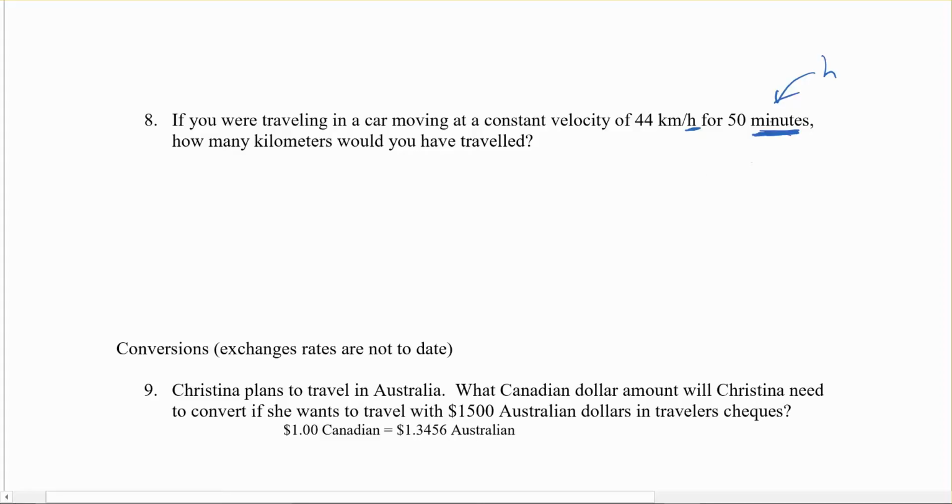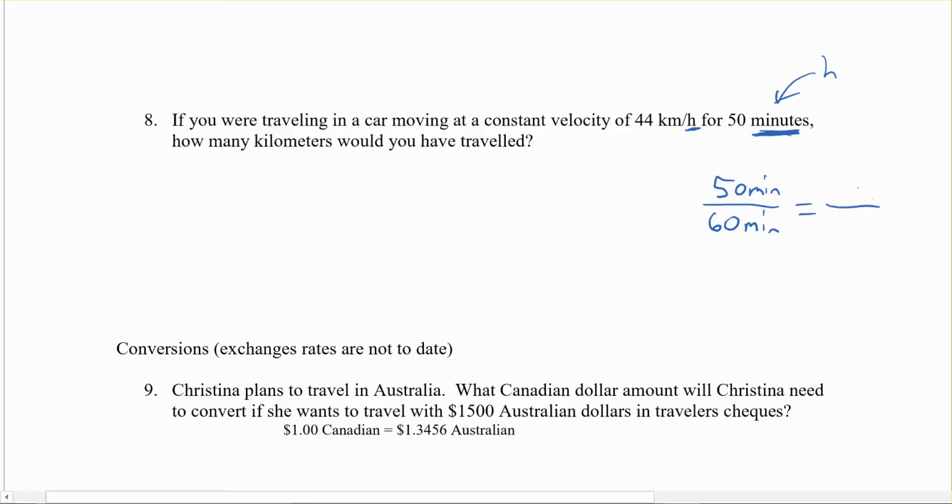So if I was going to change that into hours right off the bat, if you want to figure out how many hours that is, think about it like cross multiplying. I know there's 60 minutes in an hour, right? So the way I do this is setting up a ratio. So if I had 50 minutes, so 50 min over 60 min, I want to have 50 minutes out of a total of 60 minutes, right?